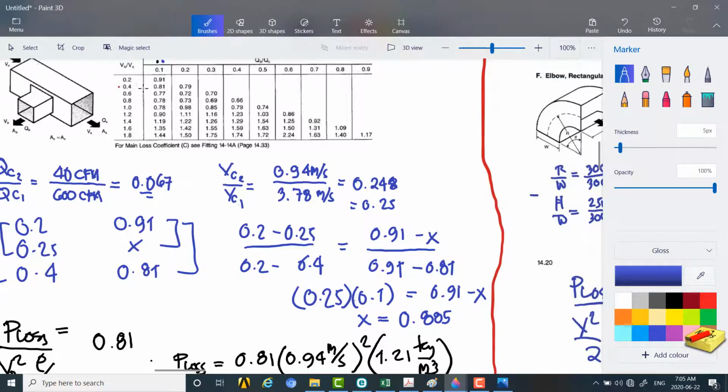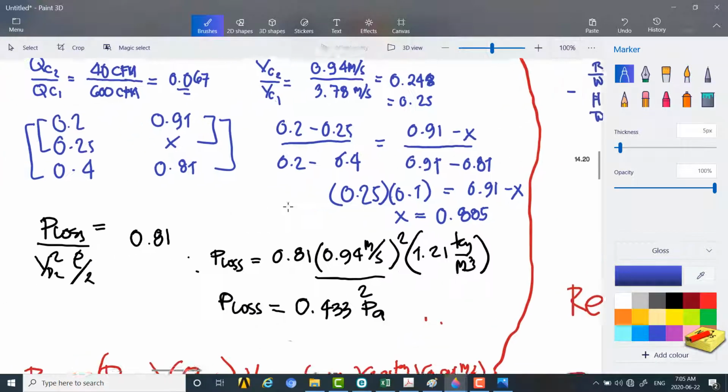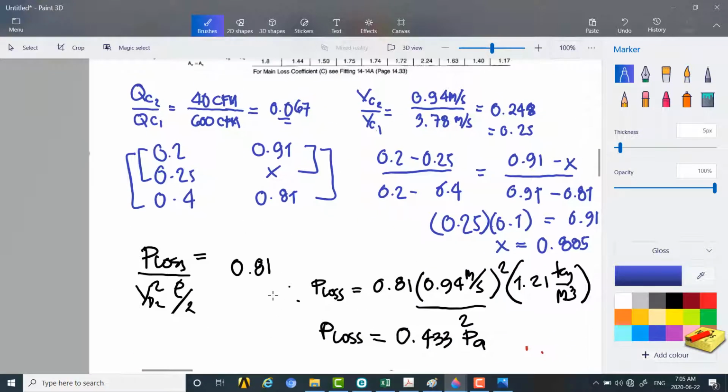Notice this is ascending from here going here, so we are in between 0.885, so we can justify our calculation is correct.